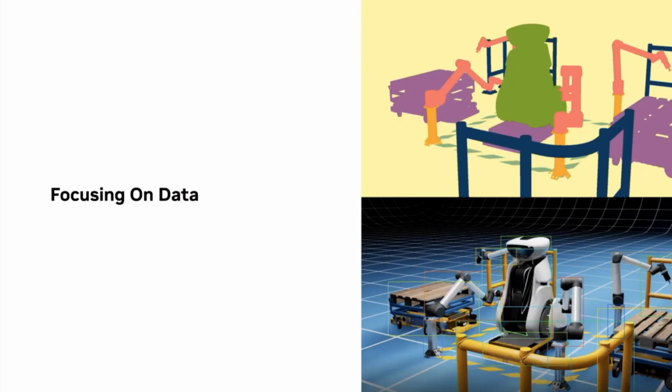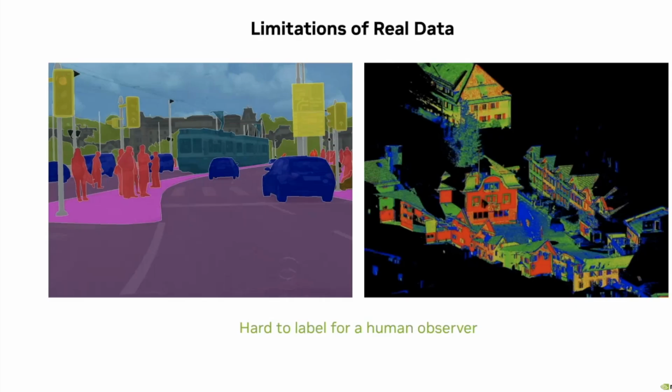So in this short talk, I will focus on data explicitly. Those of you who have been working with data and AI for some time know that real data is mostly used to train artificial intelligence neural networks. And real data, unfortunately, comes with lots of challenges. Those of you who've ever worked with images and image segmentation know that labeling is a hard and very tedious task.